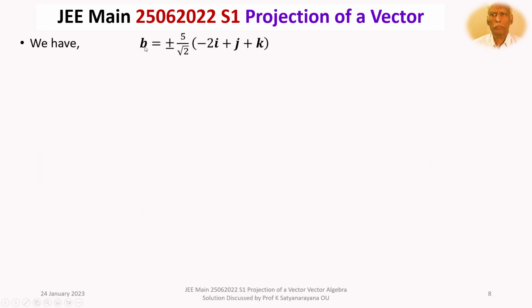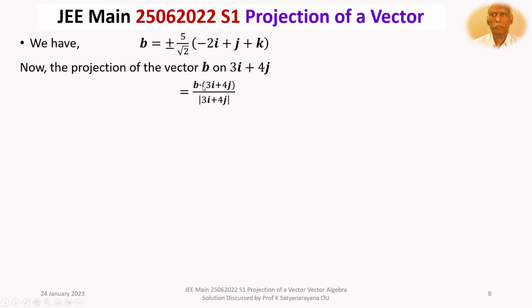So we have the vector B equal to plus or minus 5 by root 2 multiplied by minus 2i + j + k. We want to find the projection of the vector B on 3i + 4j. The formula is B dot the vector 3i + 4j divided by the modulus of 3i + 4j.